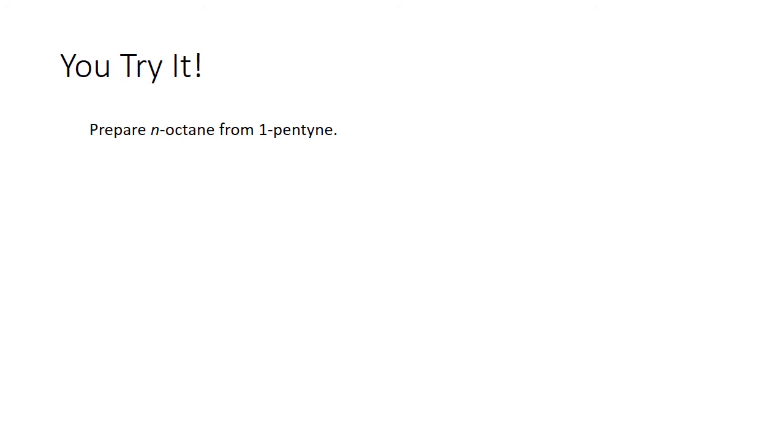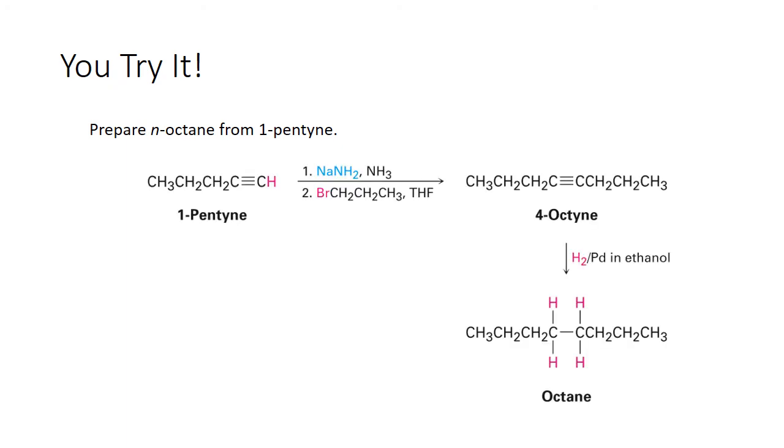So if I'm looking at 1-pentyne, I know I need to add 3 carbons to it. If I make that into the anion, I could actually use propyl bromide, and that would then give us 3-octyne.